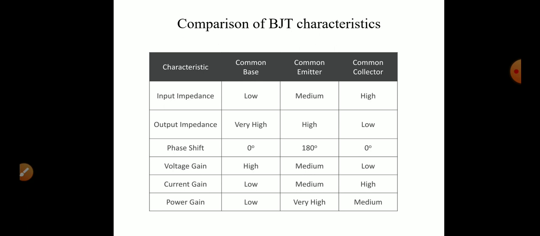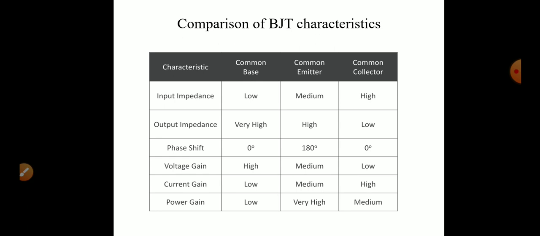When we look into the voltage gain parameter, it decreases from common base to common collector, and current gain parameter increases from common base to common collector. Similarly, power gain also increases from common base to common collector.